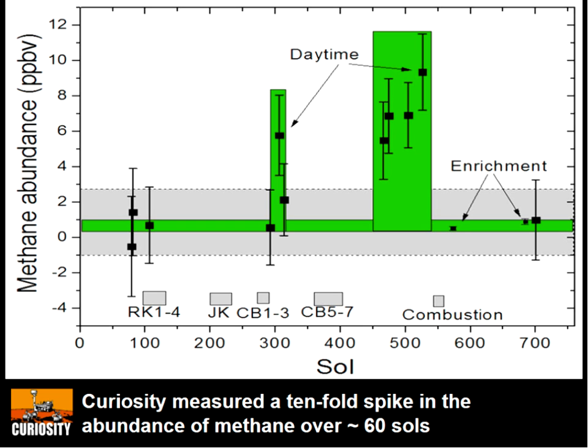We found a 10-fold increase. And that was really surprising because we had seen nothing before. And for methane to come into Mars' atmosphere that fast, and then disappear, because you can see afterwards we measured basically 0 again, we couldn't really explain that, and we still can't today.